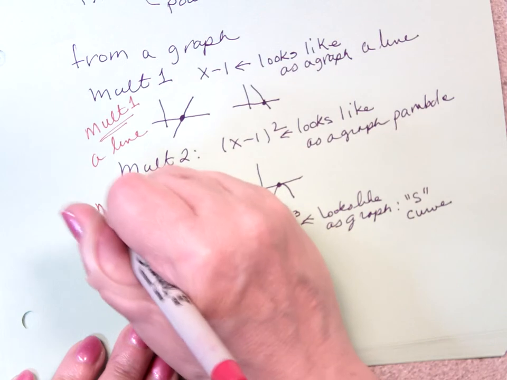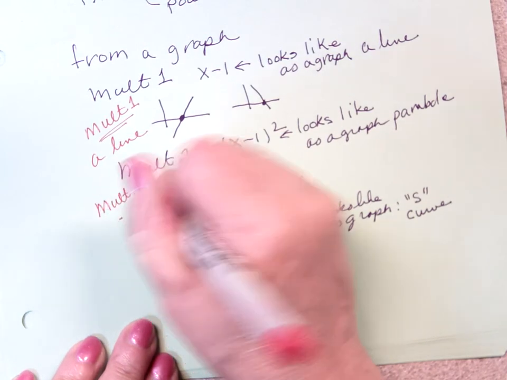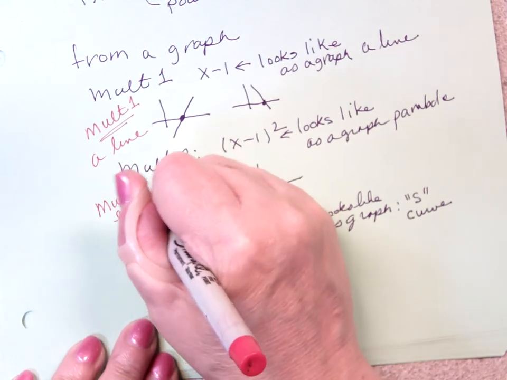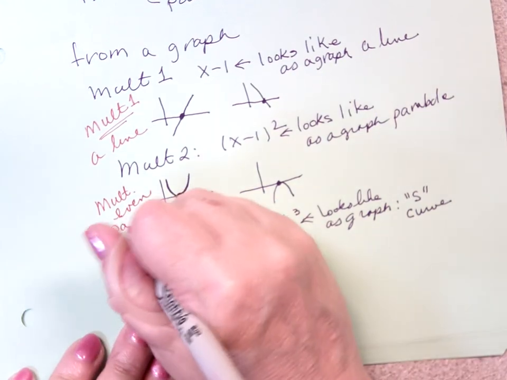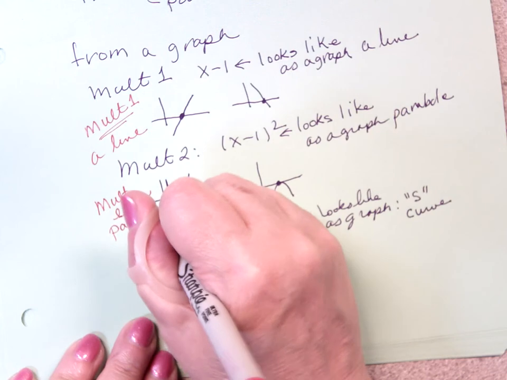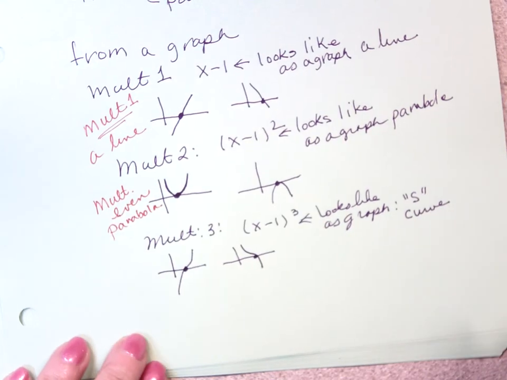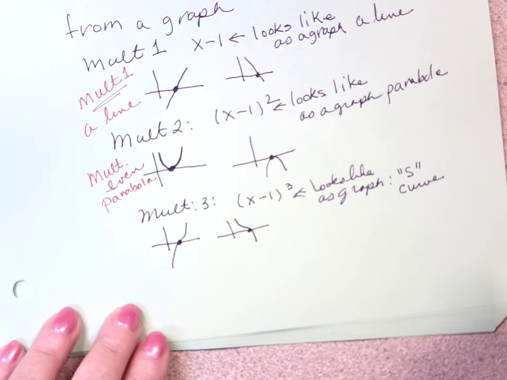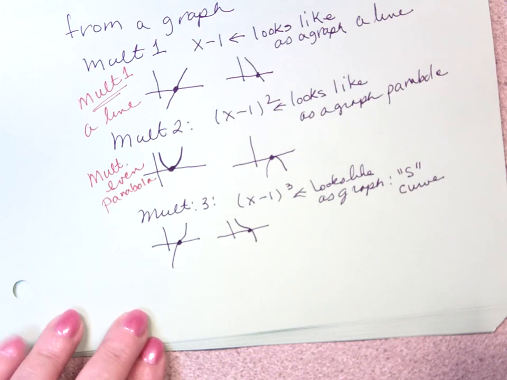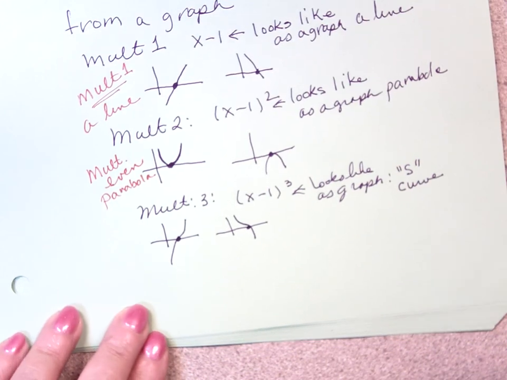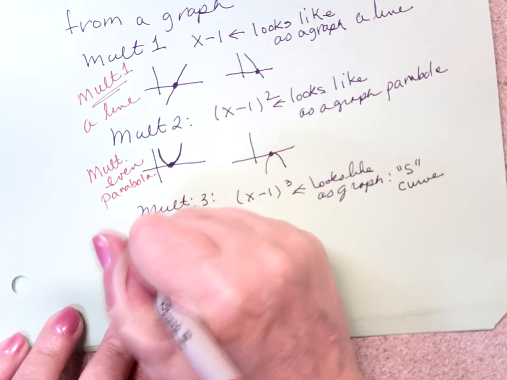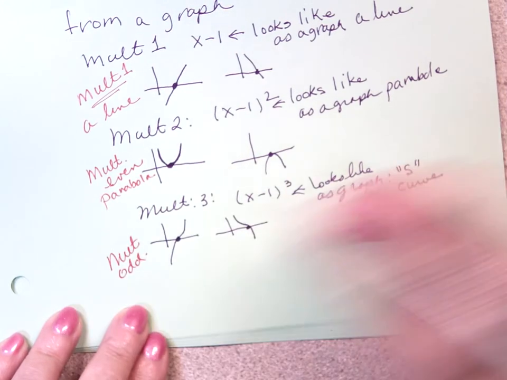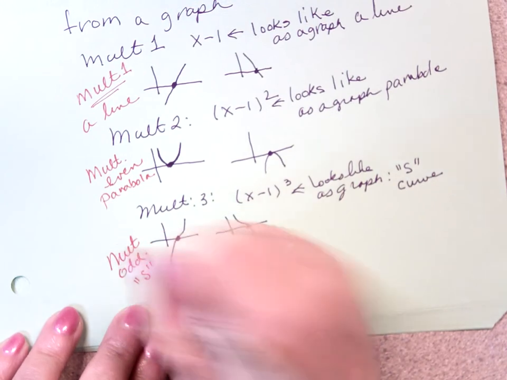So if I say multiplicity even is a parabola. And x cubed represents multiplicity odd. So multiplicity odd is always going to be an S curve.